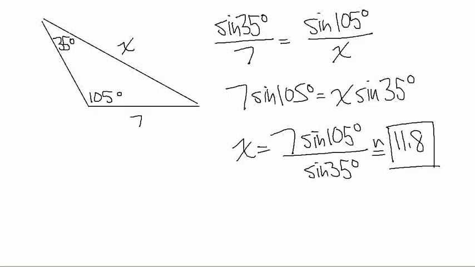Here's an example of using the law of sines to find an angle measure. Suppose I knew the following information about a non-right triangle.